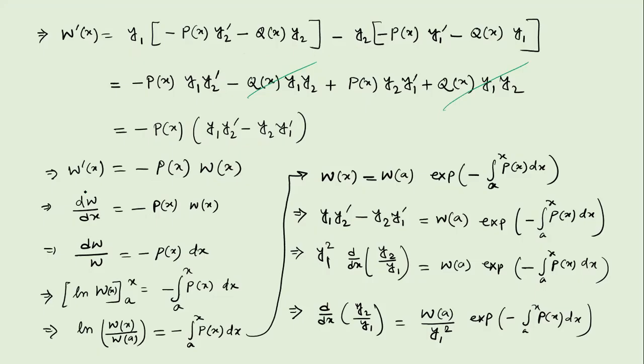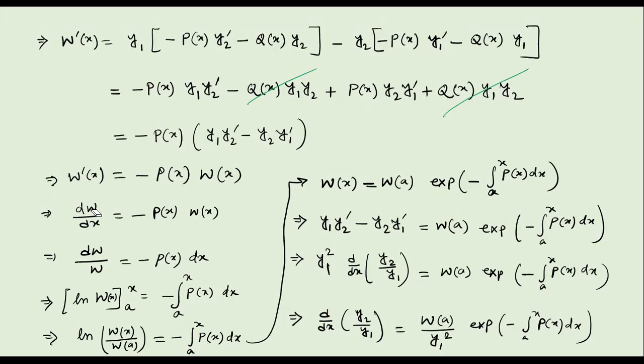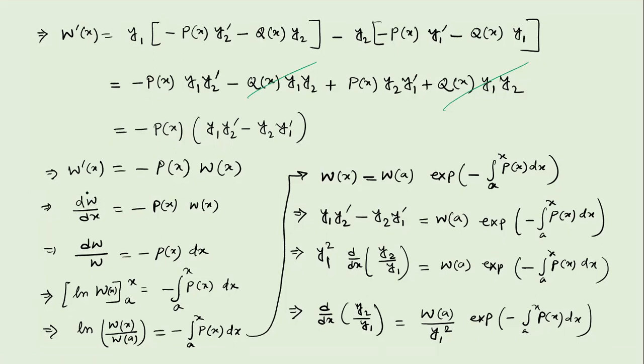So if you write here W prime, this is nothing but dW by dx, and this is minus p of x W(x). So dx is here and W is here.